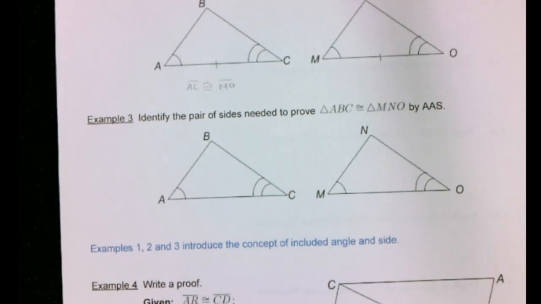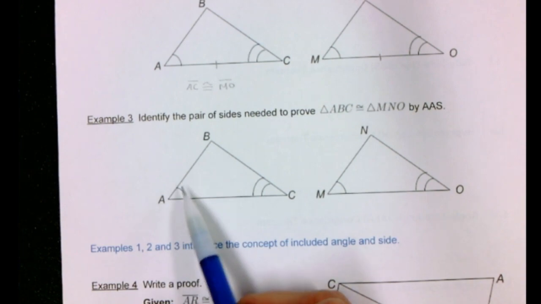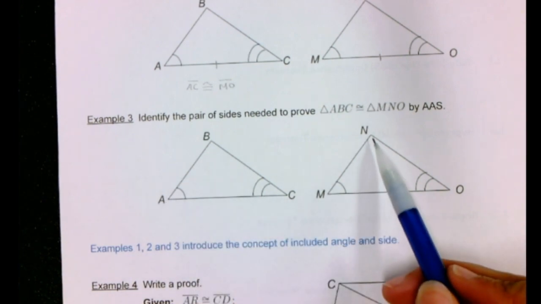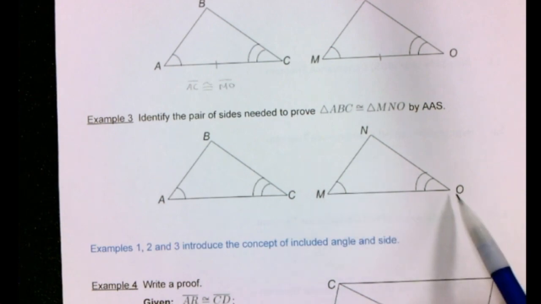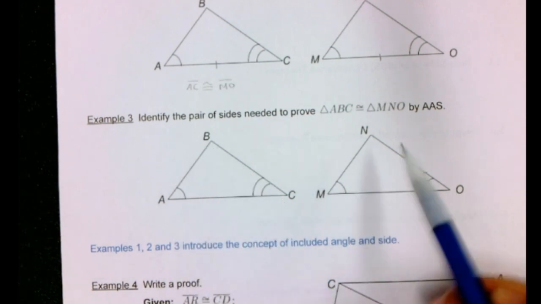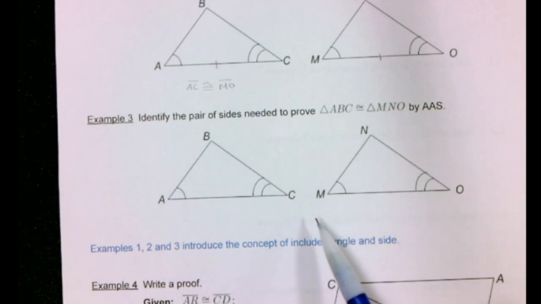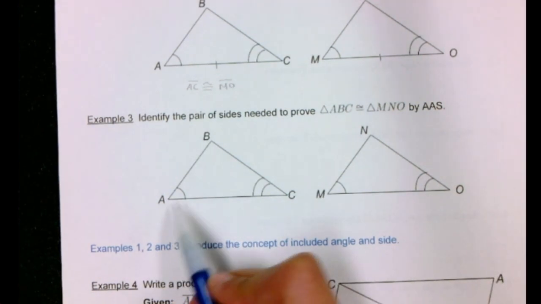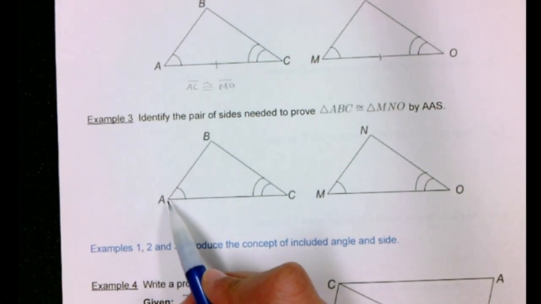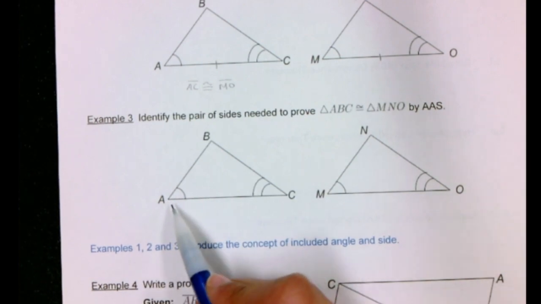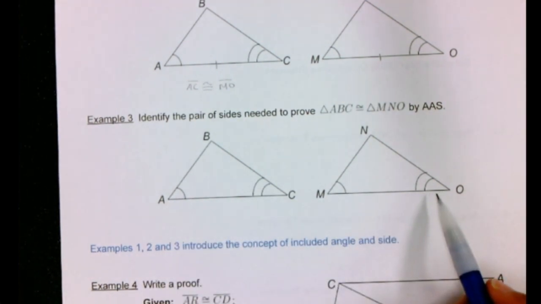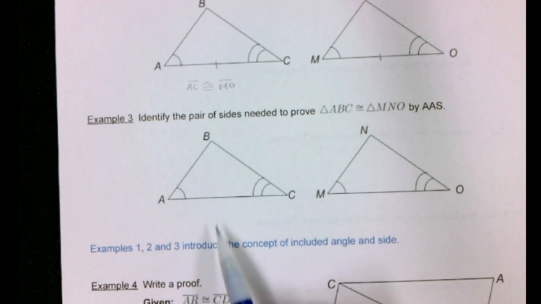Example 3. We need to prove these two triangles congruent by the AAS congruence theorem. We already know that angle BAC and NMO are congruent, and BCA and angle NOM are congruent. If we were to identify that side AC and MO are congruent, then we'd be using the ASA congruence theorem.